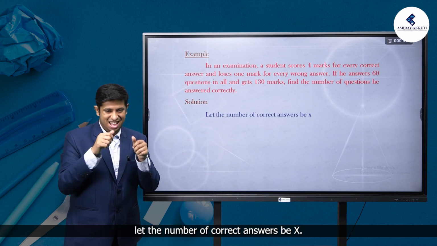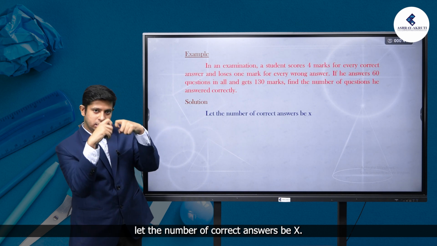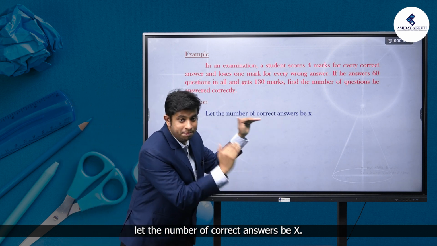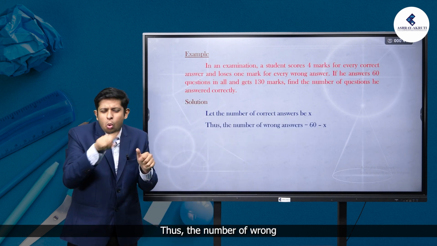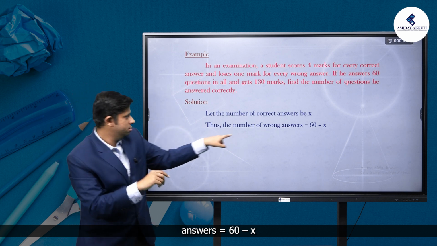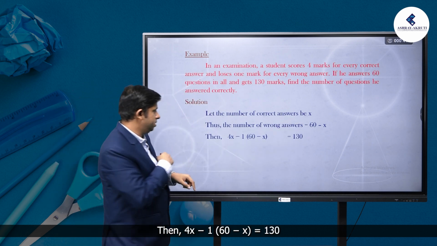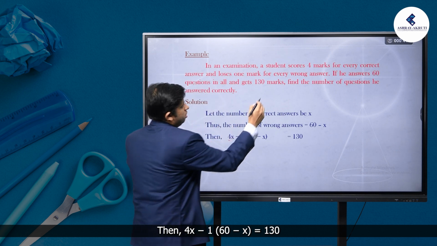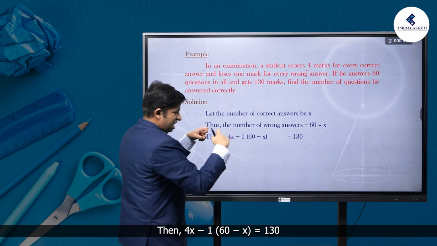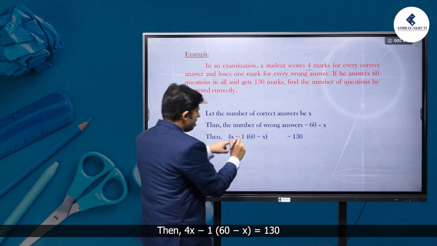Solution. Let the number of correct answers be x. Thus, the number of wrong answers is 60 minus x. Then, 4x minus 1 of 60 minus x is equal to 130.